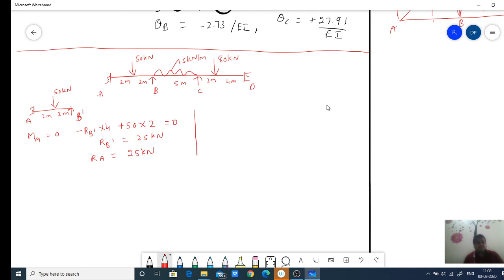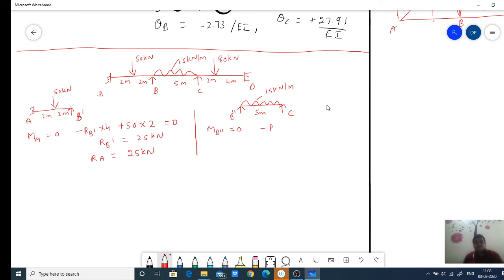Once this is done, I am taking the other span. Here I am taking this as B double dash, and here I am taking this as C, and here I am giving a UDL. This UDL is 15 kilonewton per meter, and this is 5 meter, and then I am taking once again moment at B double dash is equal to 0, right?